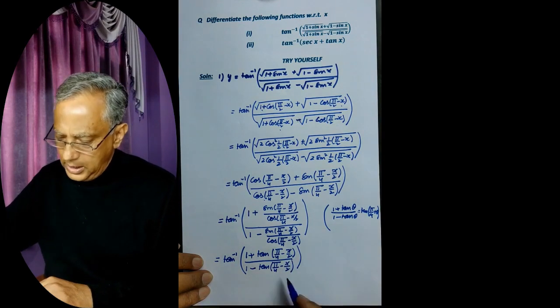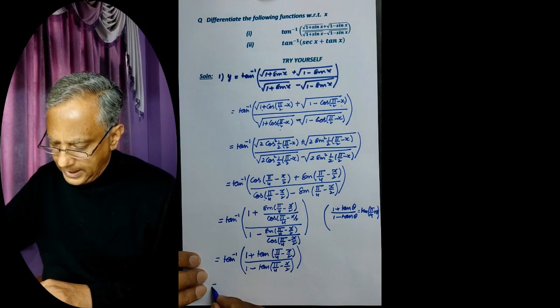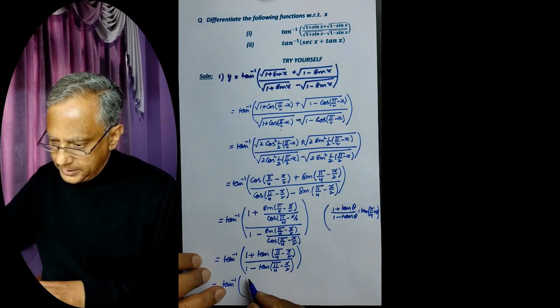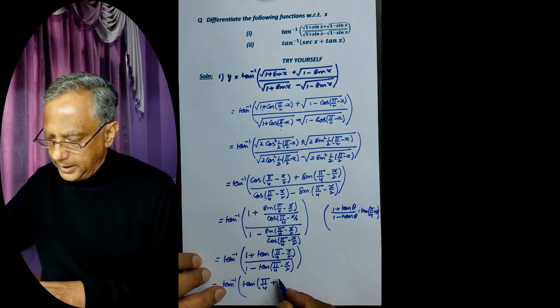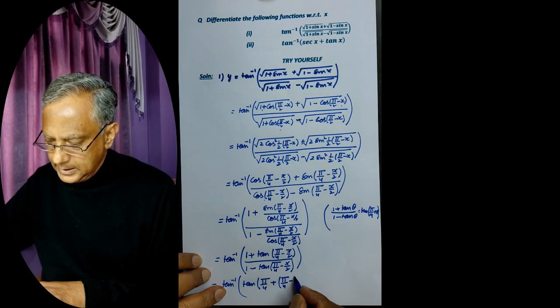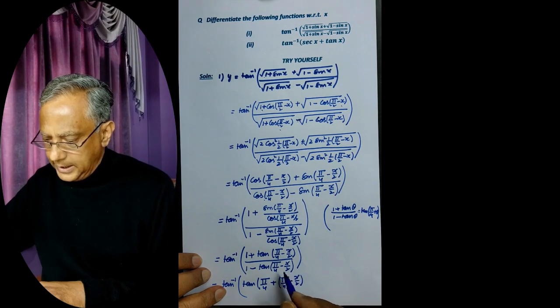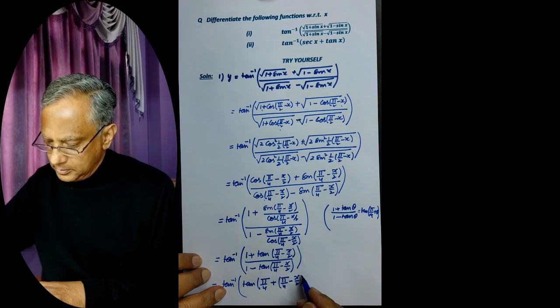And using this formula, we will get tan inverse of tangent pi by 4 plus theta. And theta is pi by 4 minus x by 2. Theta here is this much.